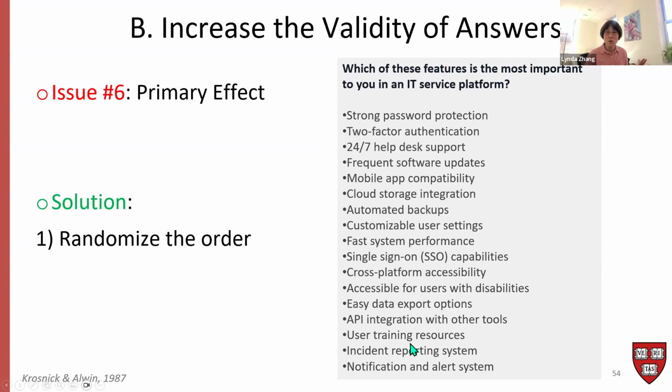To mitigate this issue of primacy effect, if you really have to have a long list, you want to randomize the order of the items. This will ensure that even though an individual respondent may satisfice in choosing the response, with a large enough sample, this primacy effect will be washed out by the distribution across the set of response options.